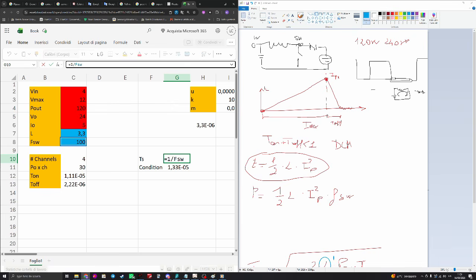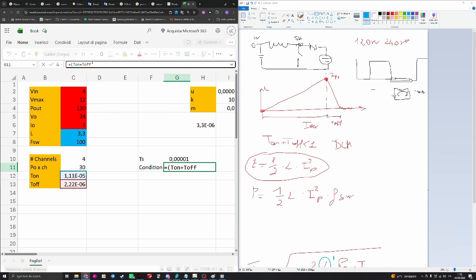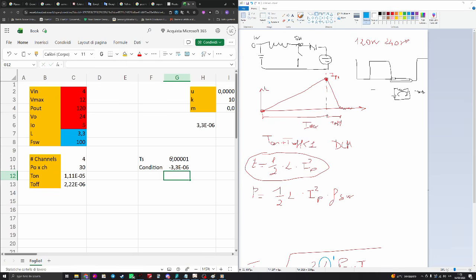Yeah, of course, 1 over the switching frequency, and the switching frequency is 10 times k. Okay, and so of course T on plus T off must be less than the entire switching period. So the condition is that T on plus T off minus TS has to be negative, or better, TS minus T on minus T off has to be positive.